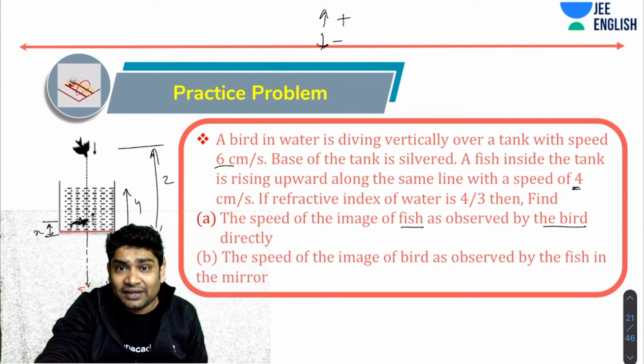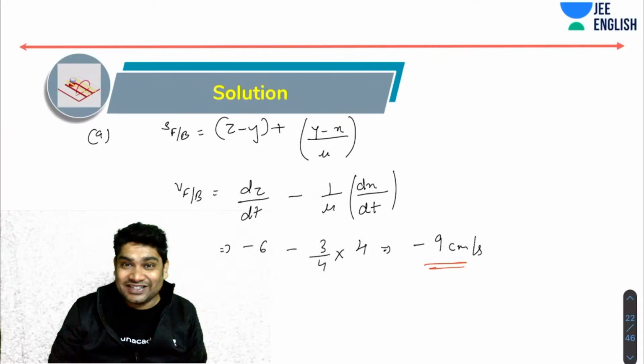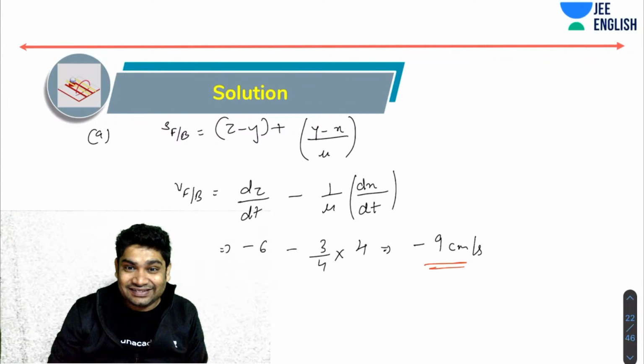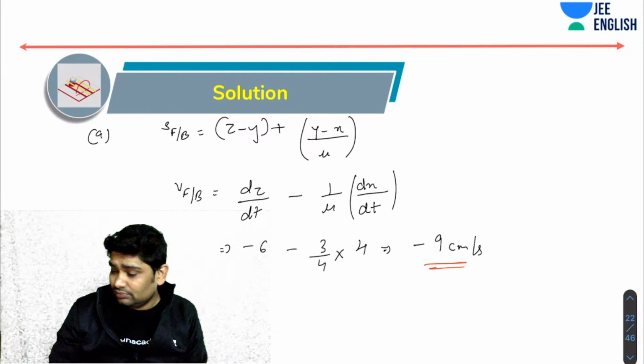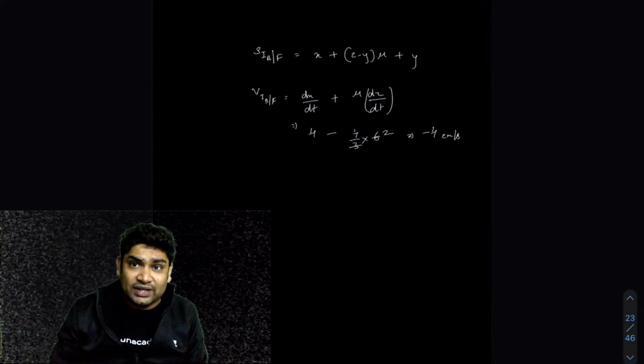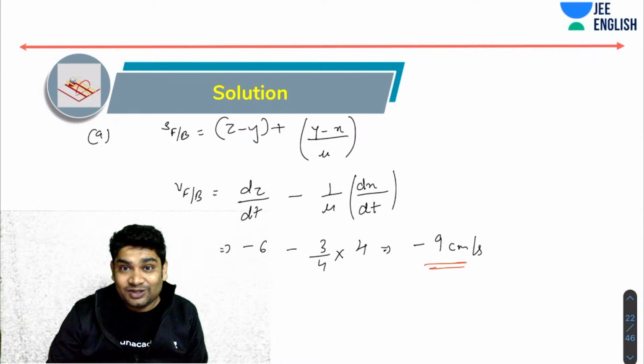Mohit Kumar says, I'm getting 12. Okay, I don't know how you're getting 12. This is the answer. This is the solution. See what you did wrong? For the second part also the answer is 4. It is very simple.